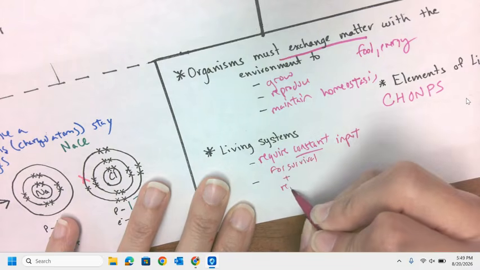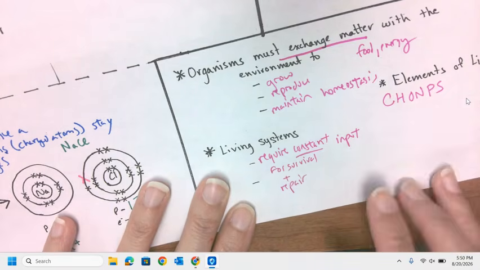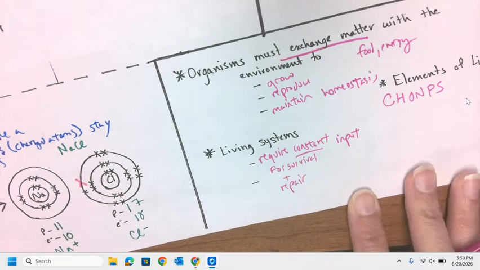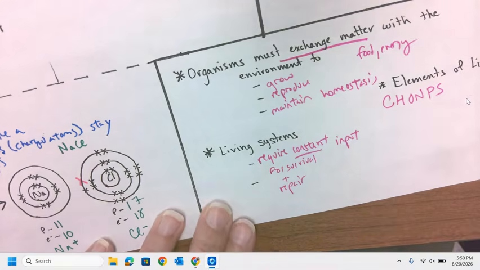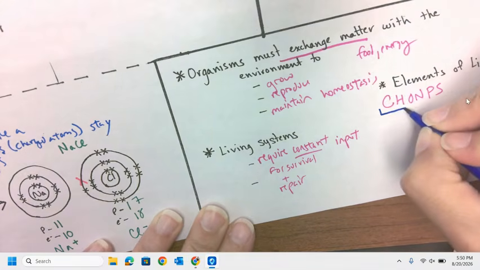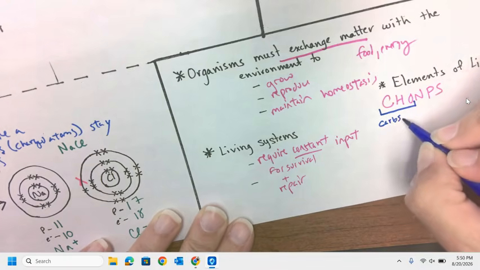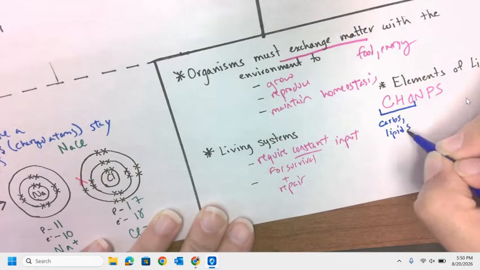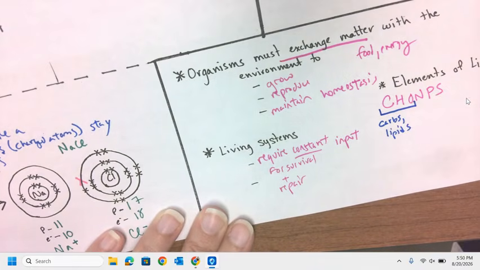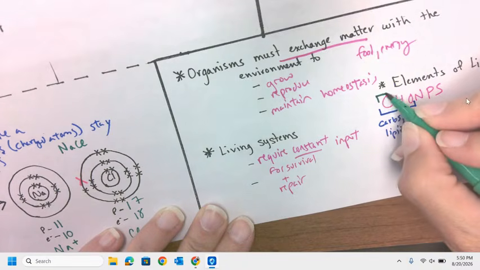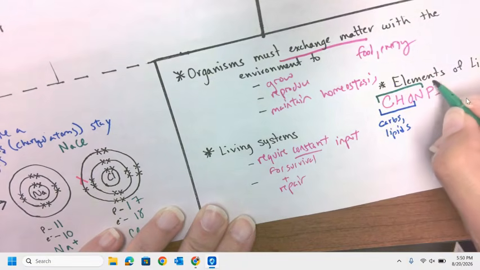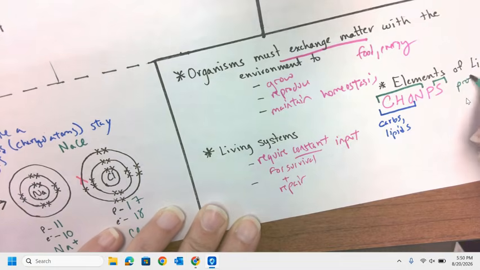Living systems require a constant input of these elements, these molecules, for survival and for repair. And when we're talking about these elements, we can talk about different organic compounds. Carbon, hydrogen, and oxygen are the three elements that make up carbs and lipids. Proteins use carbon, hydrogen, oxygen, nitrogen, and sulfur.